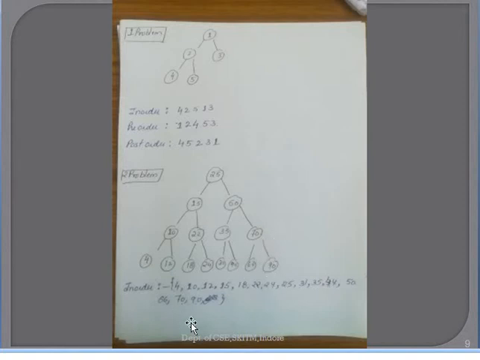One more tree is there. For that same tree we computed the in order traversal, pre-order traversal and post order traversal in the same way.